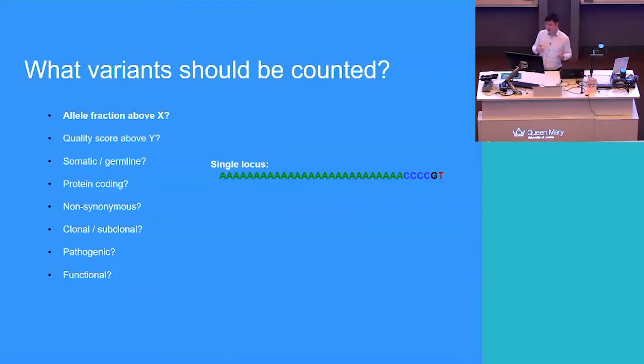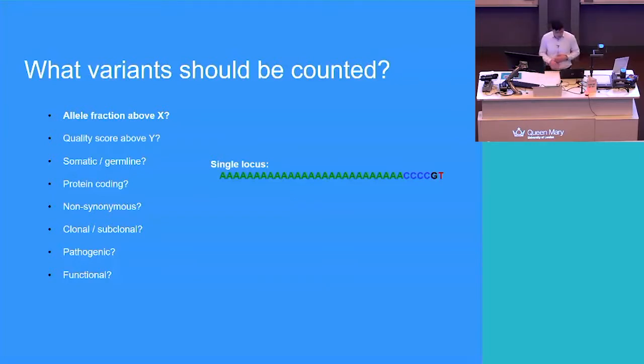So say if we were really to bring this prognostic gene panel to a clinic, and someone else does sequencing on a different cohort of patients, will they use the same metrics to identify the variants? And obviously, one of the metrics is the allele fraction of the variant, and there are also other metrics that you can use, like the quality score, the mapping score, and properties of the variant, whether it's somatic, protein coding, non-synonymous, and so forth.